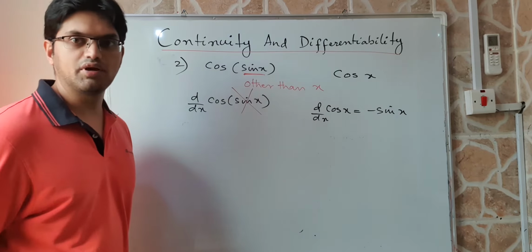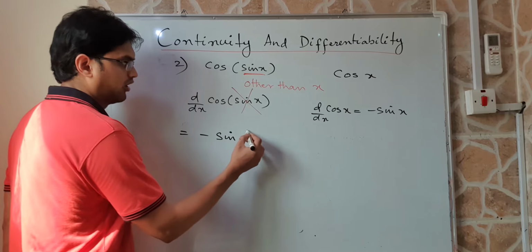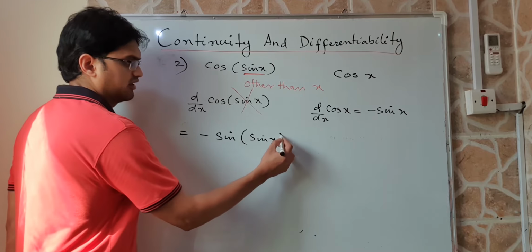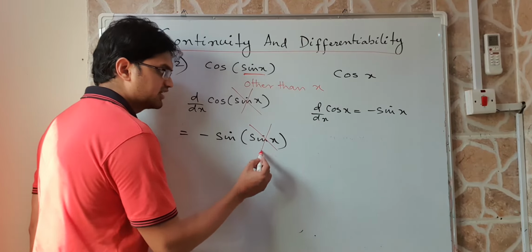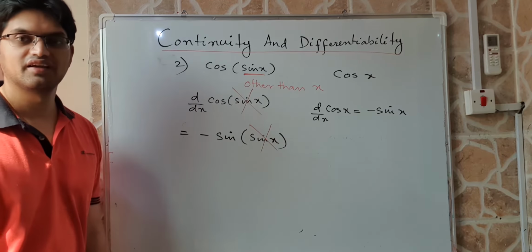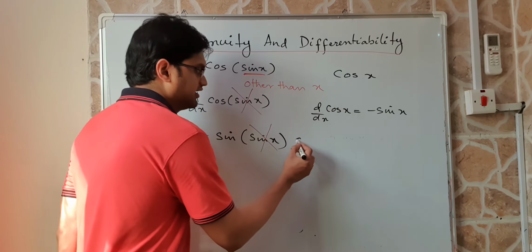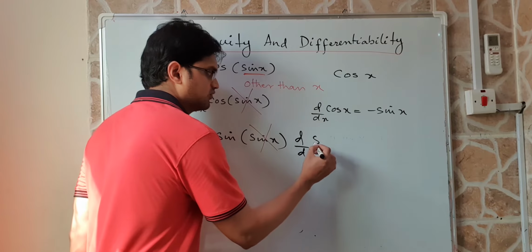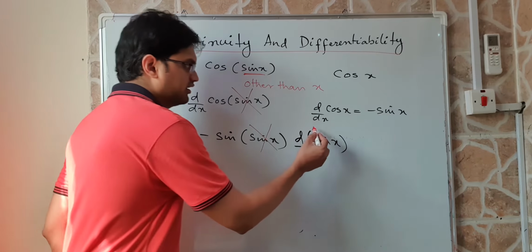So I'll write the same answer: this is equal to minus sine of sin x. Why? Because the angle here is sin x, again other than x. So what we need to do is take the derivative of the thing which is not direct, which is sin x, which is what we have taken.